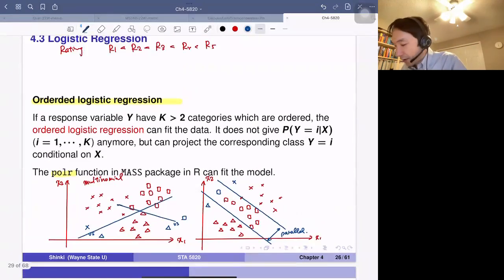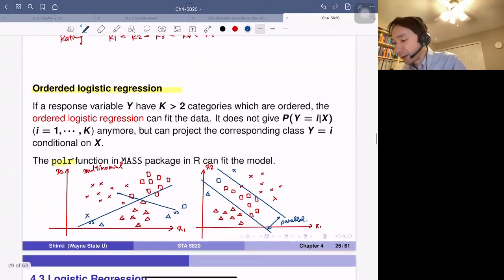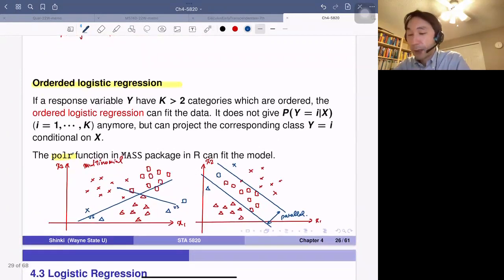We don't cover it in detail, but we can still use it with this package. If the response is ordered, then usually ordered logistic regression works better and gives a better interpretation. With pairwise comparison, it's really difficult to interpret the coefficients.